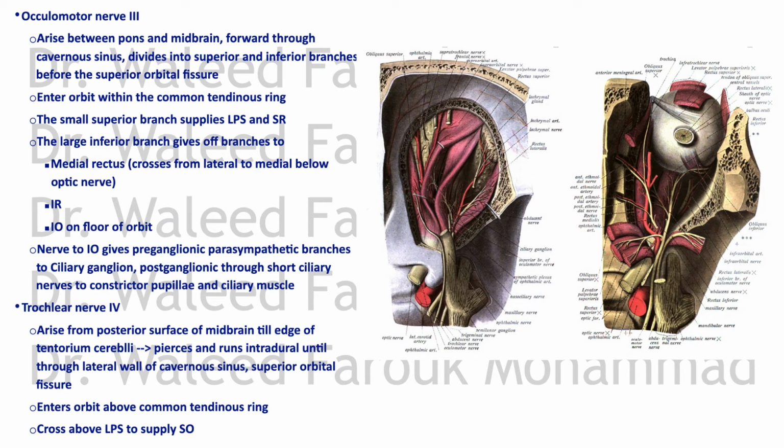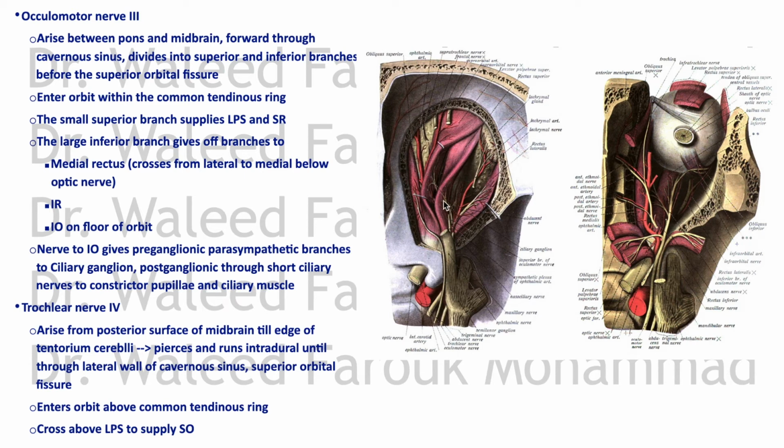The oculomotor nerve, cranial nerve number 3, emerges from between the pons and midbrain and goes through the cavernous sinus. The cavernous sinus should be here in this area, it has the internal carotid and these nerves inside it, but it's dissected here. The oculomotor nerve, before reaching the superior orbital fissure, divides into superior and inferior divisions.